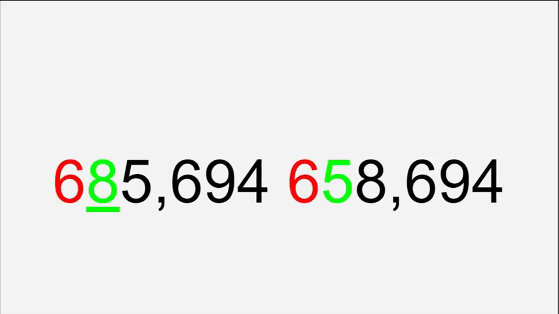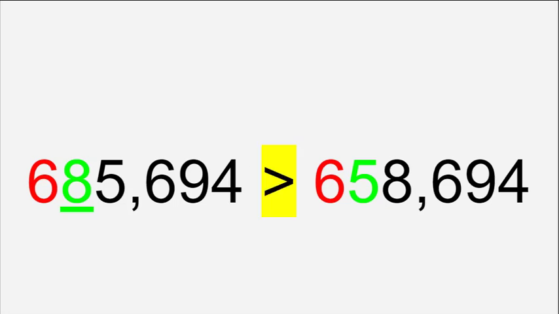These two numbers both have a 6 in the hundred thousands place value, so we need to look at the 10,000s place value. 8 is bigger than 5, and 5 is less than 8. When we compare these numbers, we will say 685,694 is greater than 658,694. Be sure to check your work.